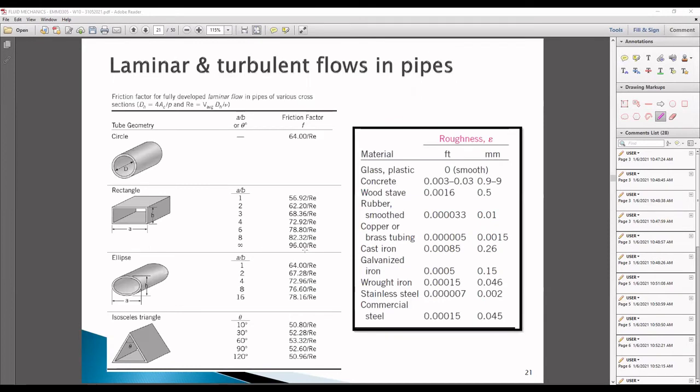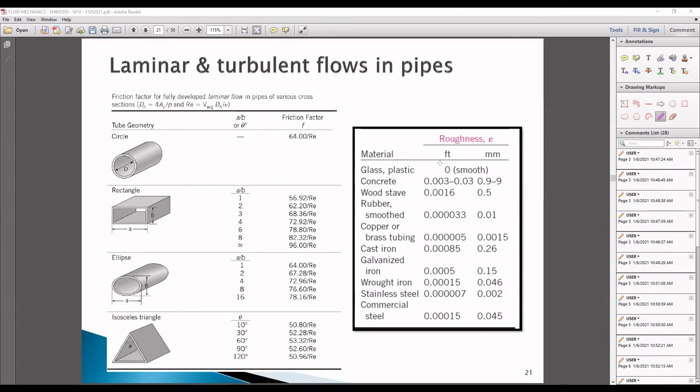Okay, now these are some of the friction factors which you can see for a circular, for a rectangular, for an ellipse, and for an isosceles triangle. So there are different values of the friction factor.